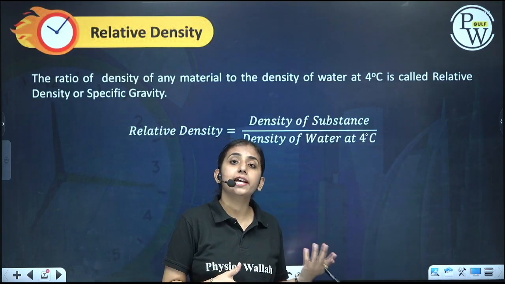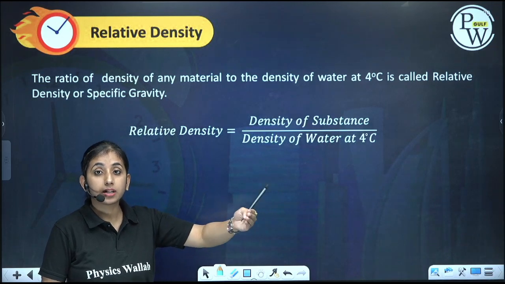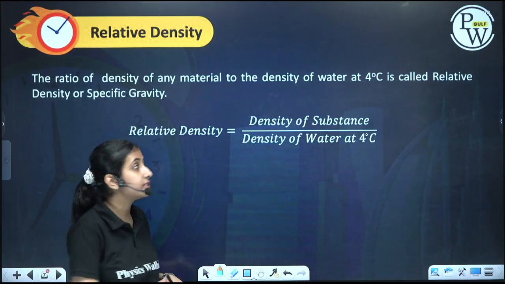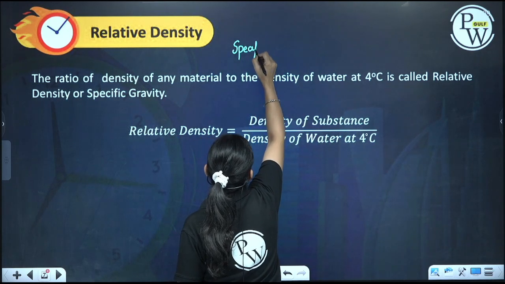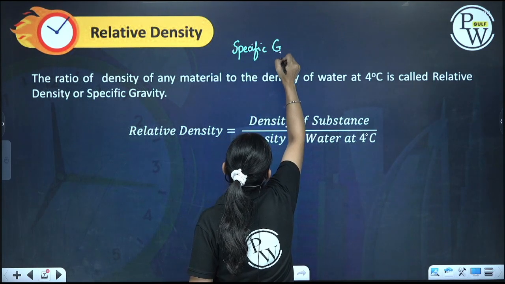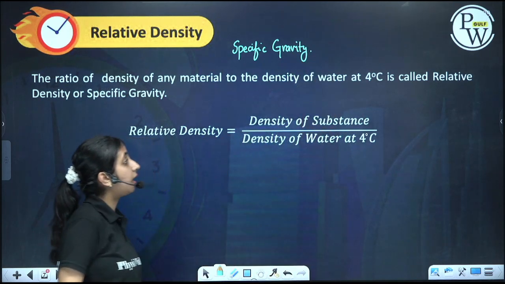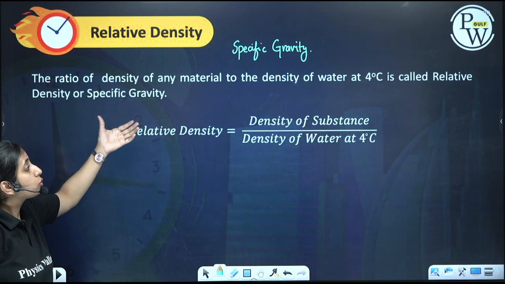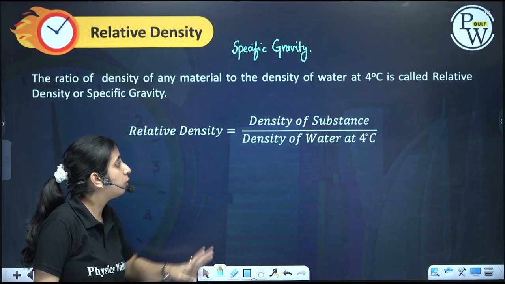If we measure the density of any substance with respect to the density of another substance, that is called relative density. This is also called specific gravity. It is the ratio of the density of the material to the density of water at 4 degrees Celsius.